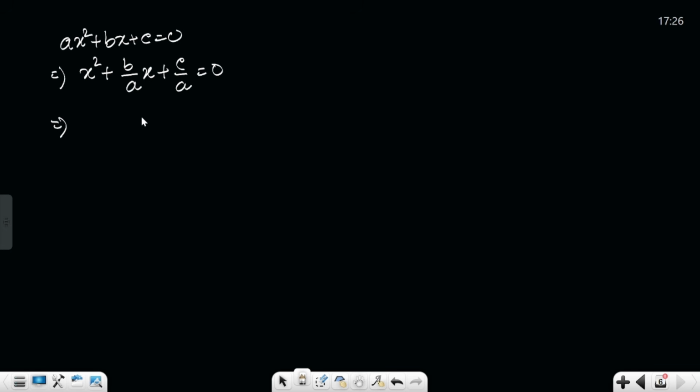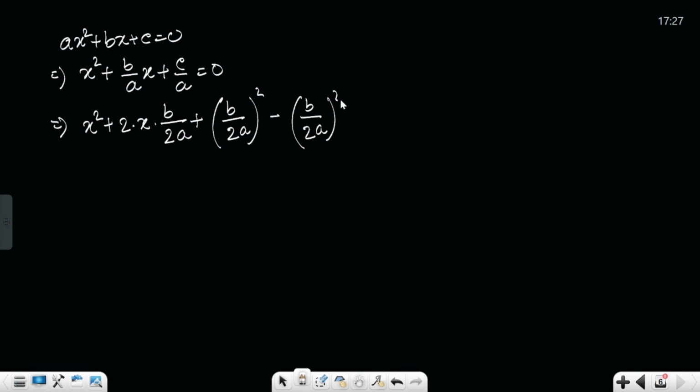Now this will be x square plus 2 into x into, we need to make b by a into x, so we need to multiply by b by 2a. You can see 2 will be cancelled out and b by a into x will be left here. Plus, we will get b by 2a whole square. Now we added a term, so we need to subtract that term also. This will be minus b by 2a whole square, right? Plus c by a equal to 0.